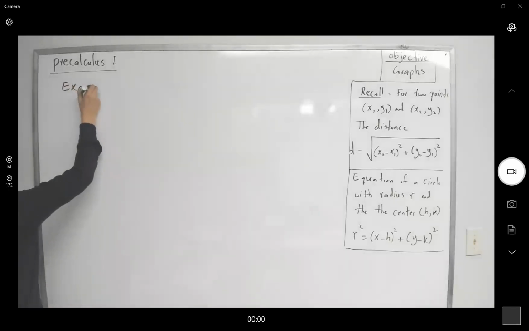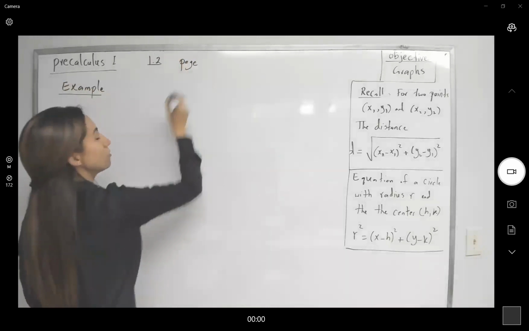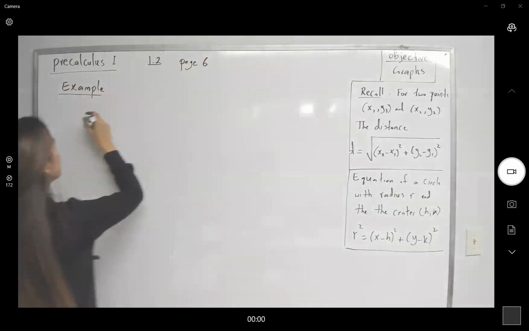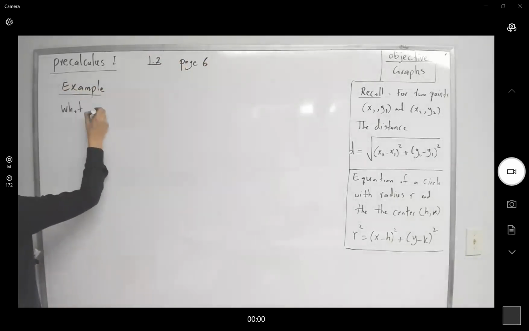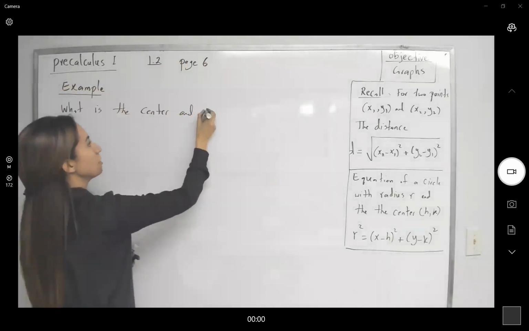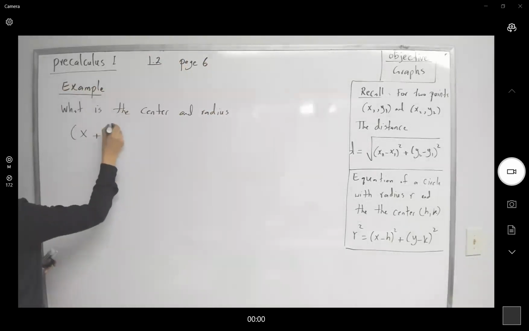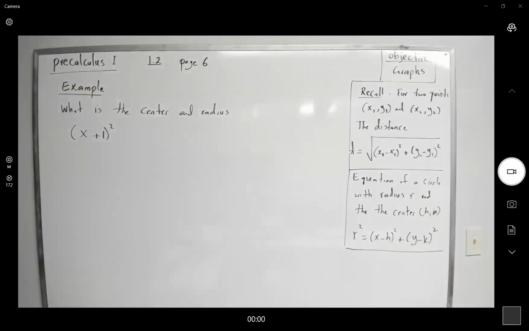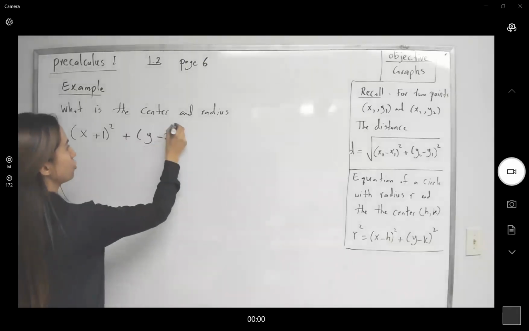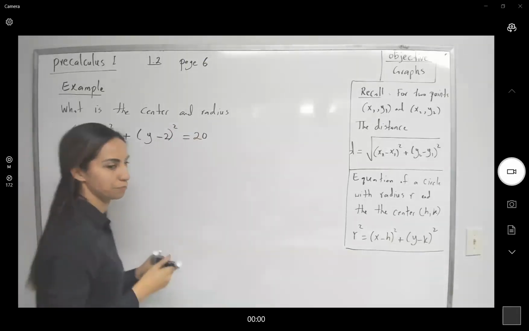Example. What is the center and radius of the following? You get x plus 1 squared plus y minus 2 squared equals 20.